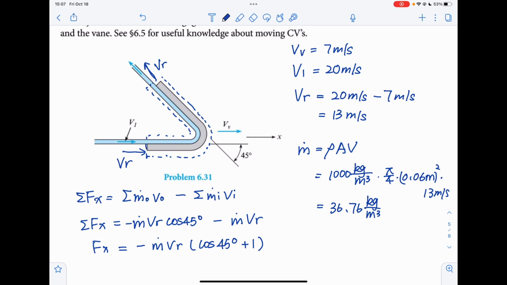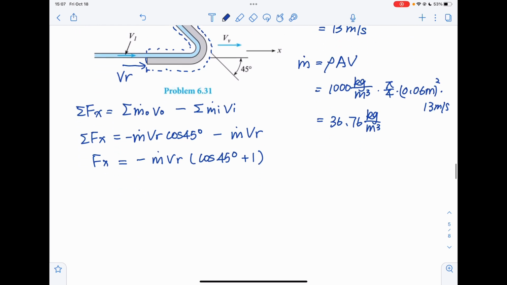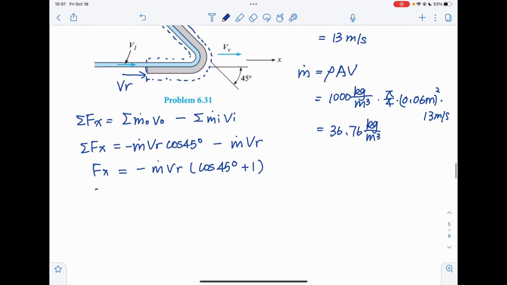Okay, so we can plug the numbers in. Negative 36.76 kilograms per second times the velocity, which is 13 meters per second, times cosine 45 degrees plus 1.